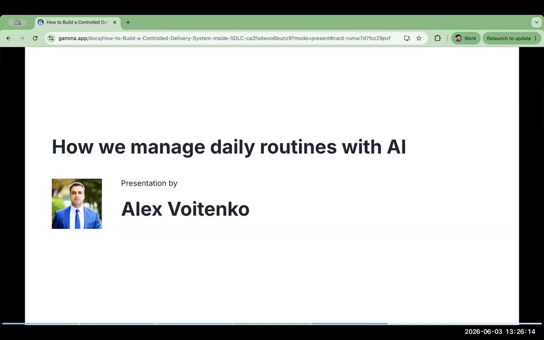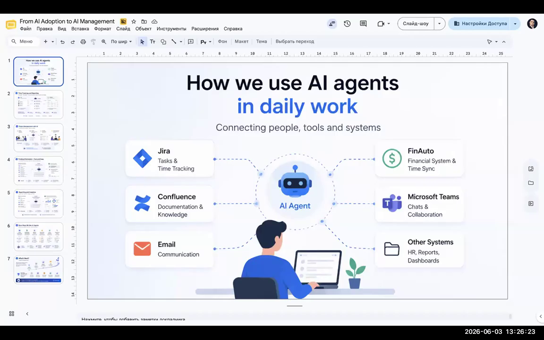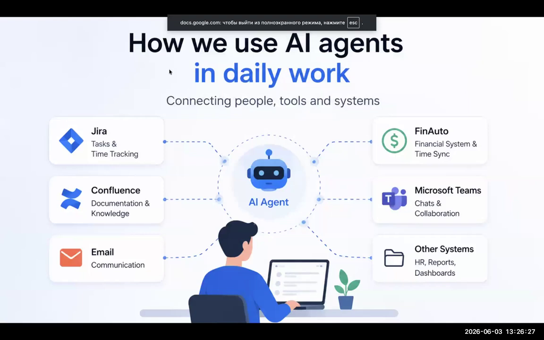Alex is one of the early adopters of all those systems in our company, so he will talk from practice. Alex, the stage is yours, please. Have your screen demonstration and start.